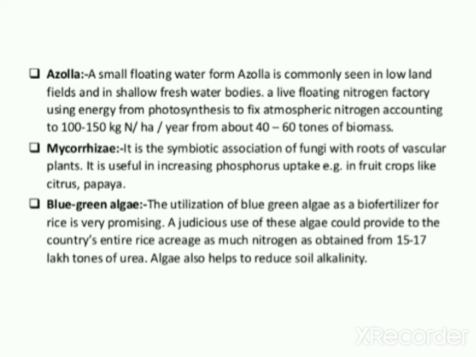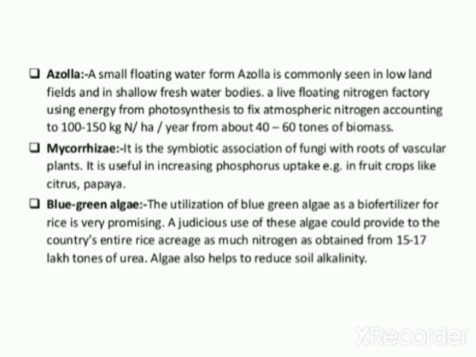Mycorrhiza. It is a symbiotic association of fungi with roots of vascular plants. It is useful in increasing phosphorus uptake in fruit crops like citrus, papaya. Blue-green algae. The utilization of blue-green algae as a biofertilizer for rice is very promising.